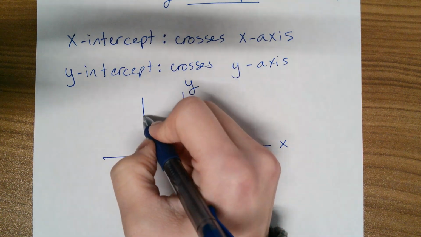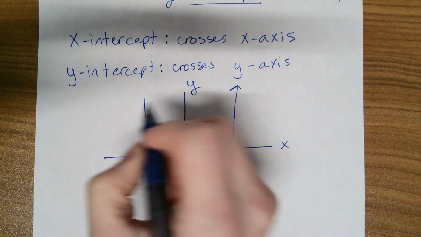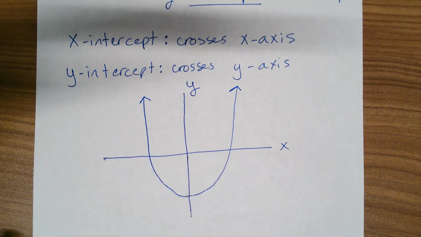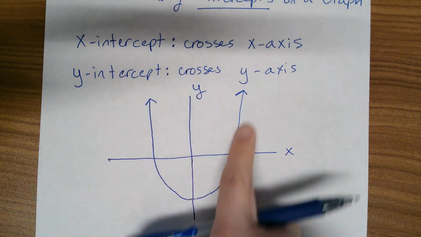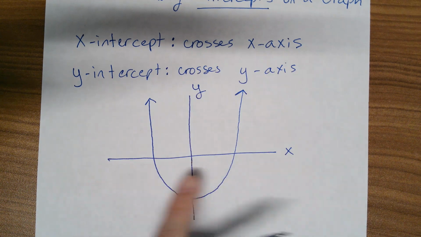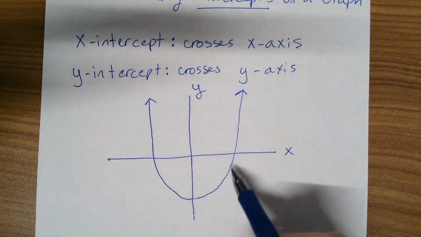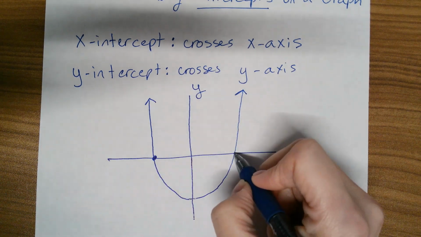Let's say we have something like this. Then to find my x-intercept, I'm just looking at any place where my line, my curve, my function, whatever we want to call it, touches the x-axis. My x-axis runs from left to right, and I see that my graph touches it twice, here and here.